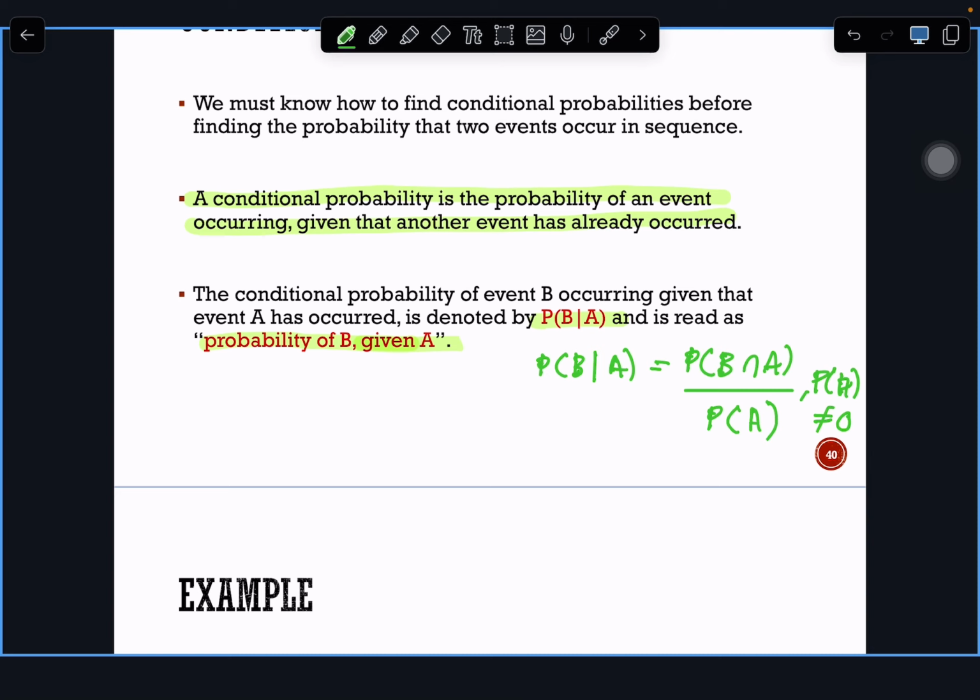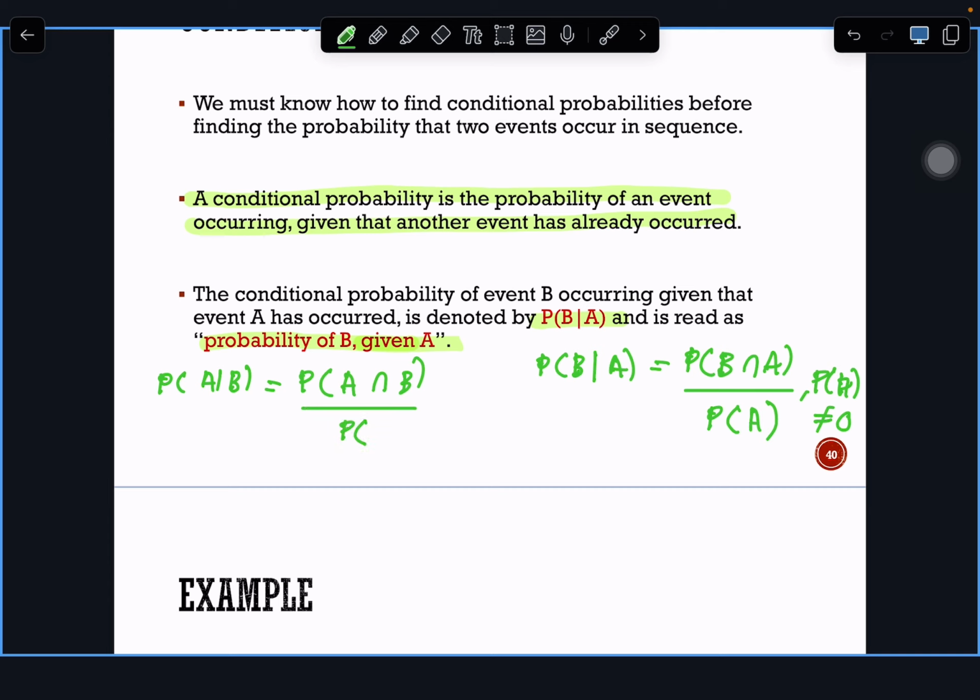Just now I wrote this formula. So how do we write the formula for P(A|B)? If you compare with this formula, P(A|B) equals P(A intersect B) divided by P(B).